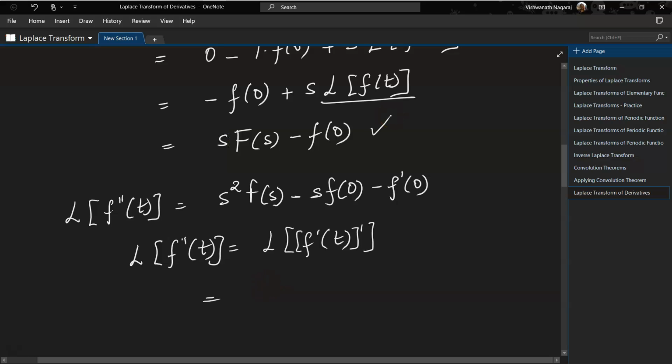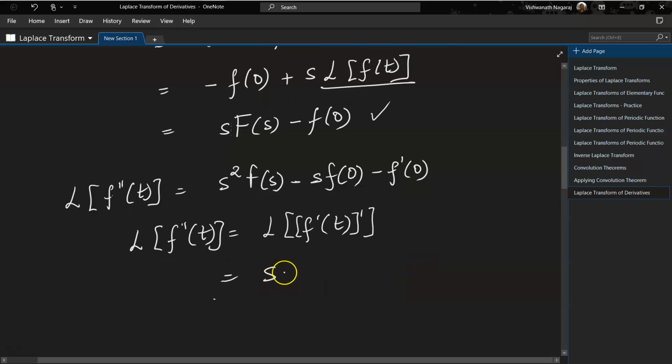We have already looked at the first derivative, so that can be written as s times Laplace transform of f prime of t minus f prime of 0. Right, now we apply this again.